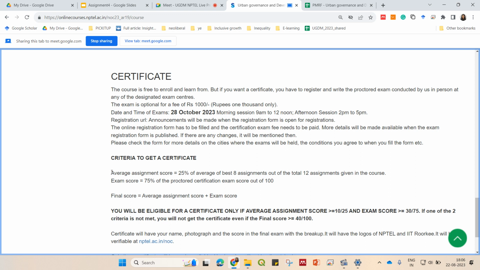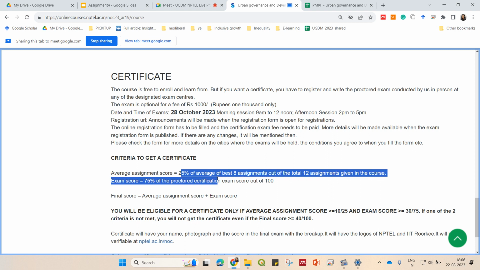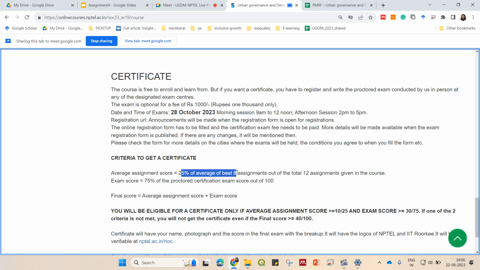So you see here, it also mentions how much you need to score on your assignments, or what percentage of assignments you need to complete, and what percentage of your assignment marks form your overall score at the end of this examination. So you can see here your average assignment score will be 25% of the average of best 8 assignments you submit out of the total 12 assignments that you will be given in the course.